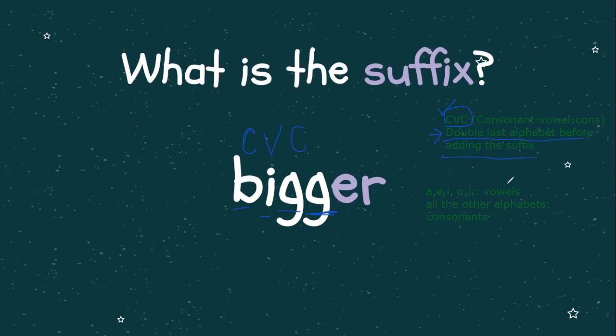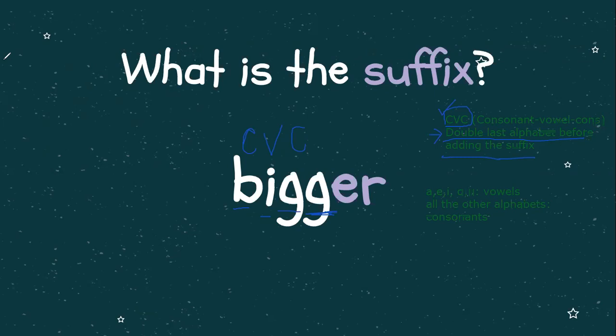This is a very important rule because a lot of times children do not know this and they make a mistake. For example, when you are writing something and you have a CVC formation word, you add ed, but you don't double it.